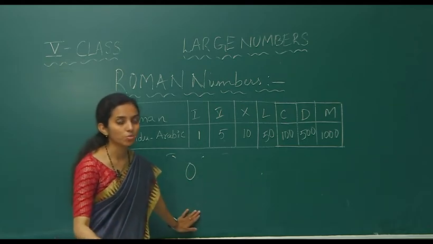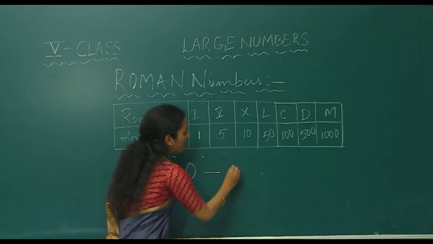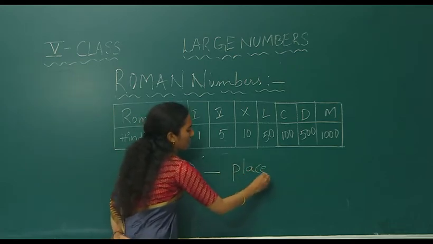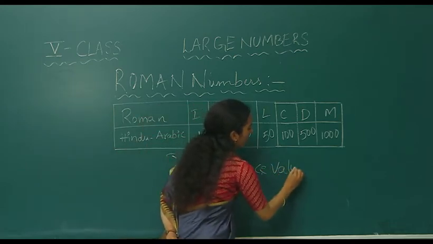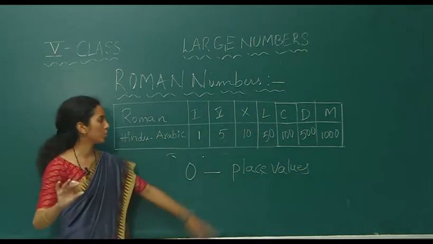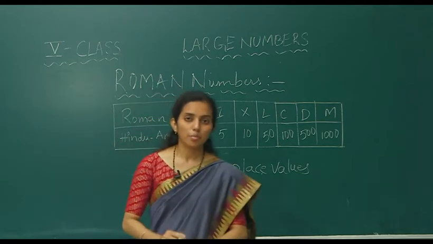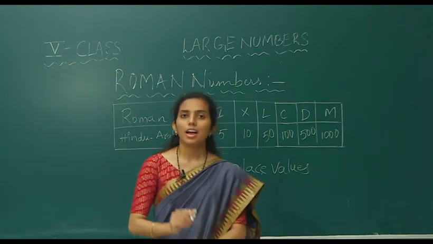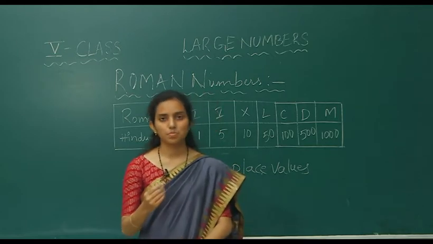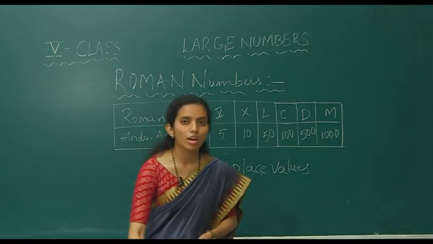Because of this, they don't have any place values. They simply represent the numbers with these symbols. These are the important points to be remembered, and while doing the examples I will explain a few more rules.